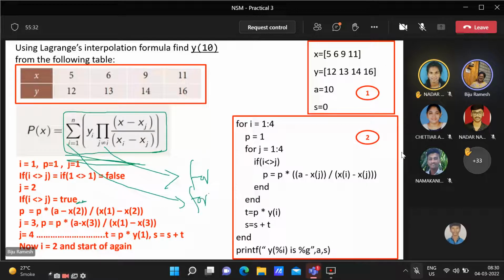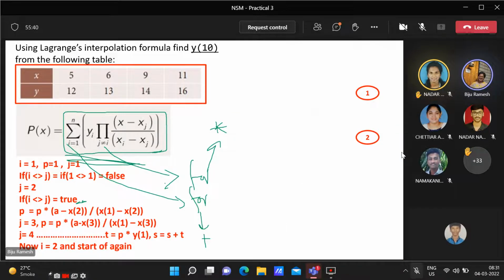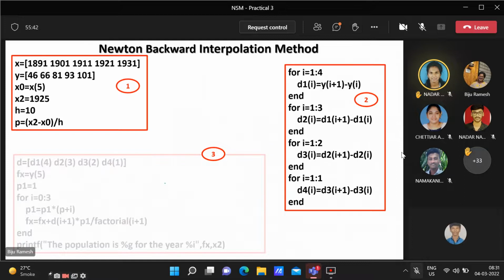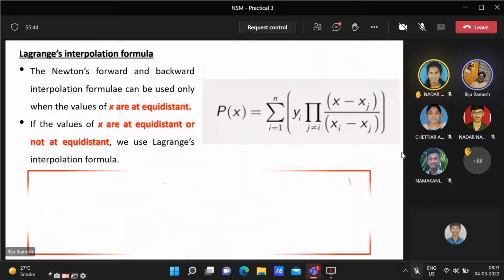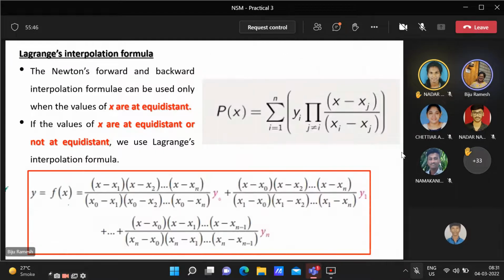Inside this for loop we will go for product, inside this for loop we will go for addition. So that is what we have done here. Here this for loop is the J loop, and for this addition you go for the I loop.